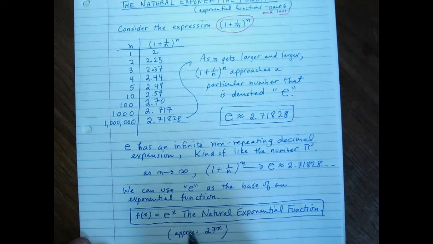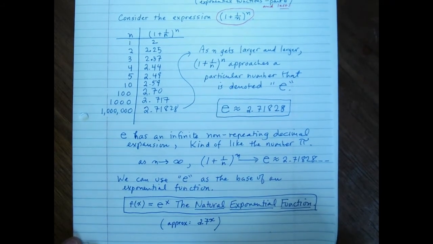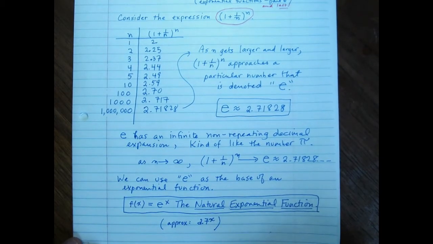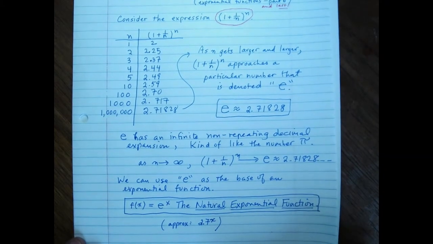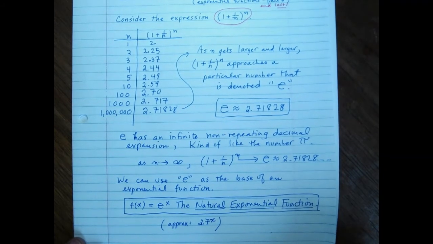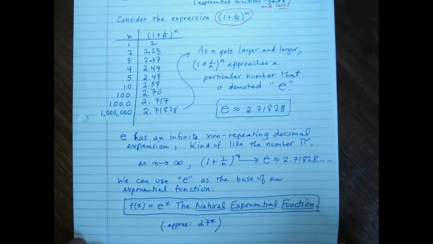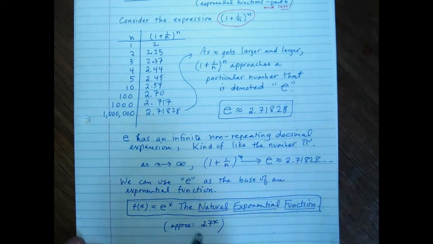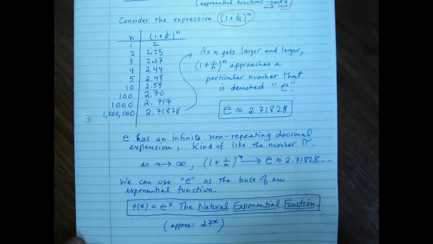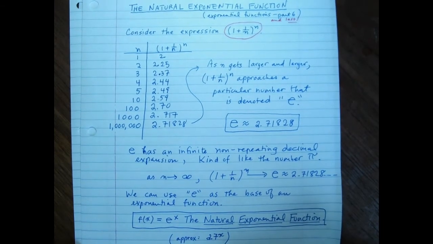So it's a constant to the x power. Why we use the word natural, what doesn't seem very natural at all in a pre-calculus class, it seems like the weirdest thing you could ever want. And it turns out in calculus that it has some very special properties, and we like them a lot. So right now, we just want you to be comfortable with e being a constant, and we want you to see this function.